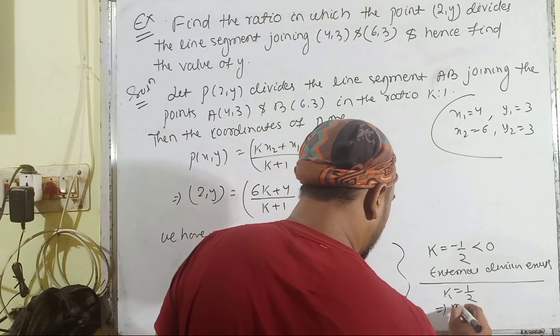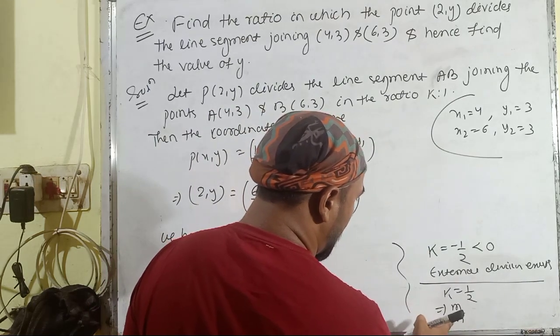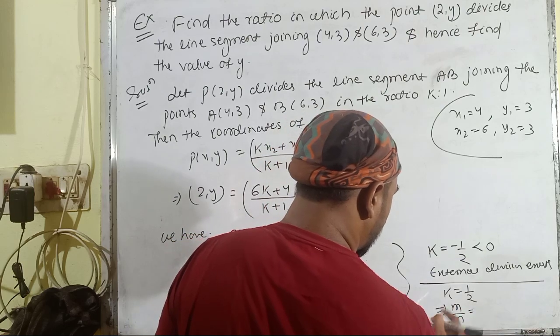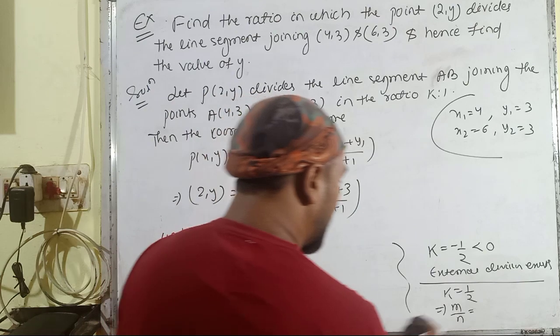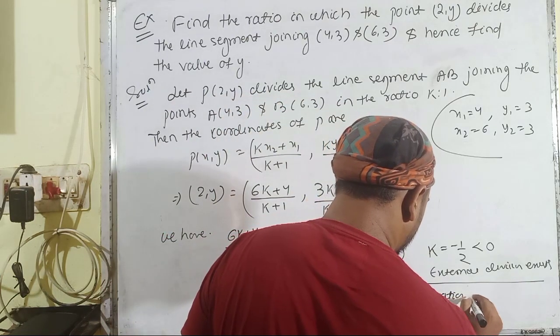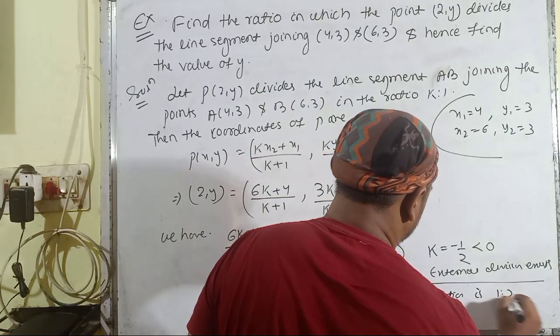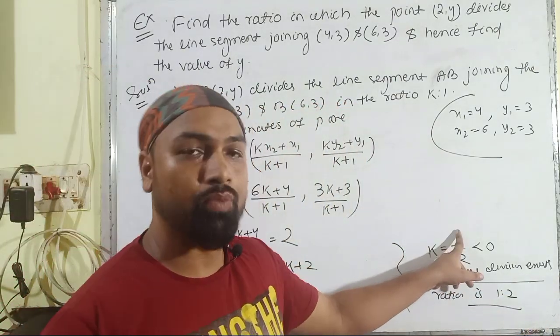That means in place of k we have to use m upon n. So as k is minus 1 by 2, the ratio is 1:2.